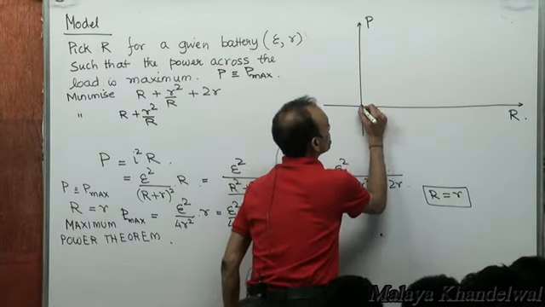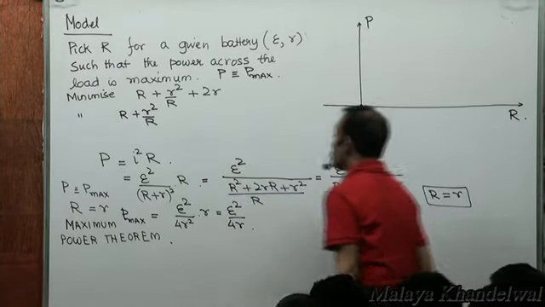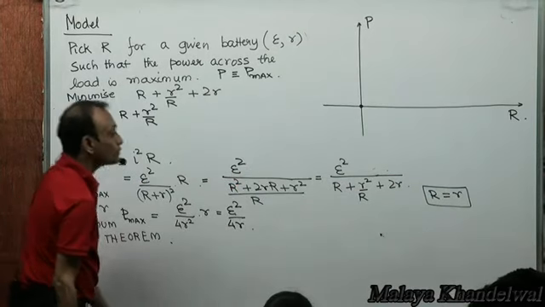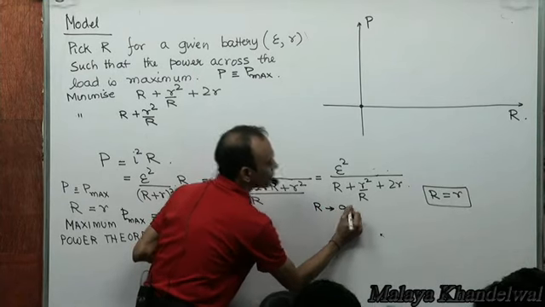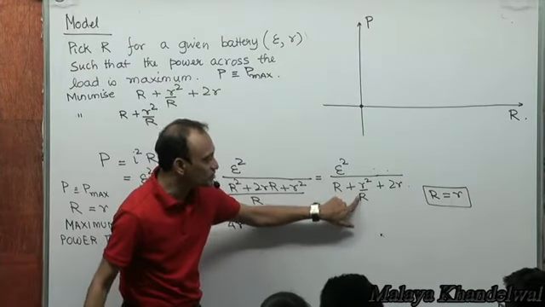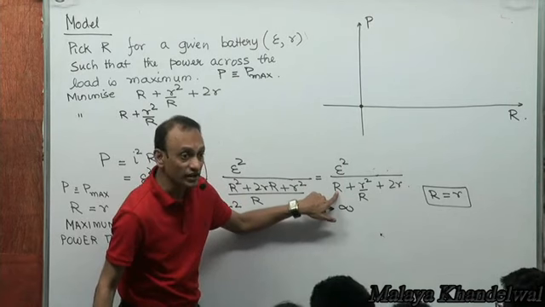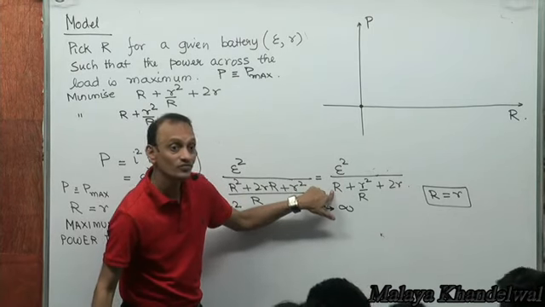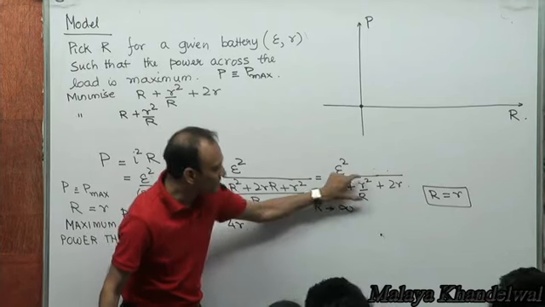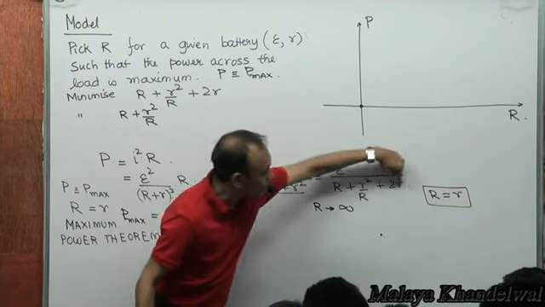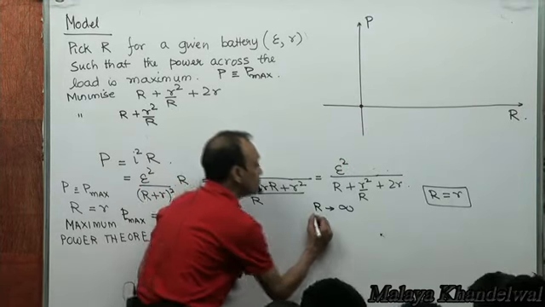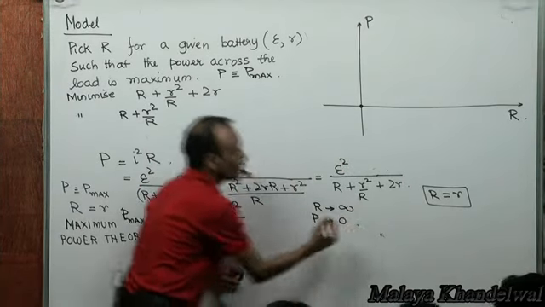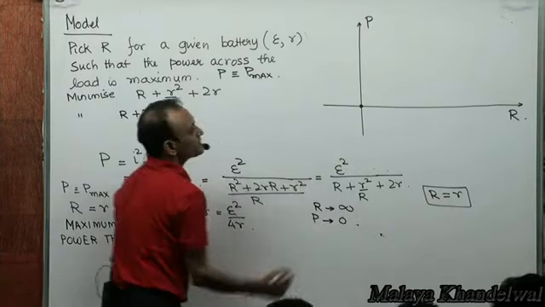And notice that as capital R tends to infinity, this will be 0, but the denominator would be very large because capital R is very large. So power will be 0. That means if capital R is very large, then also power is 0.